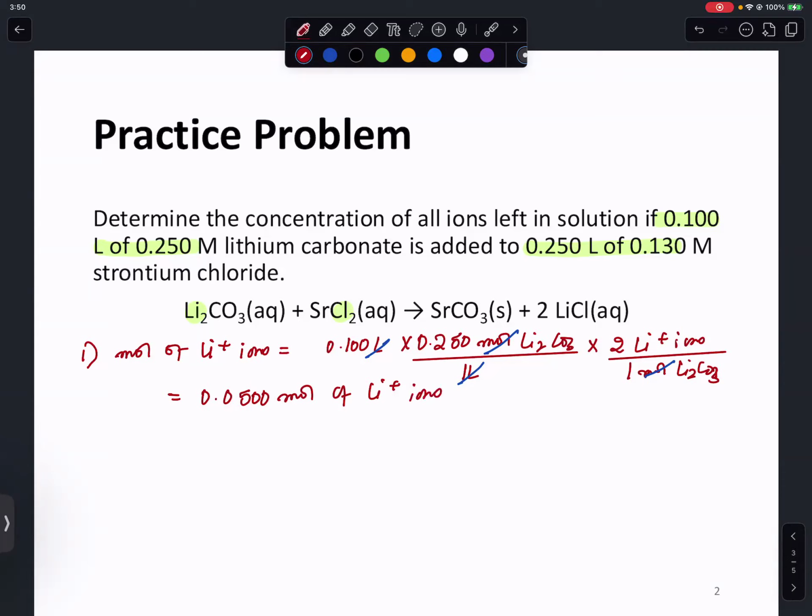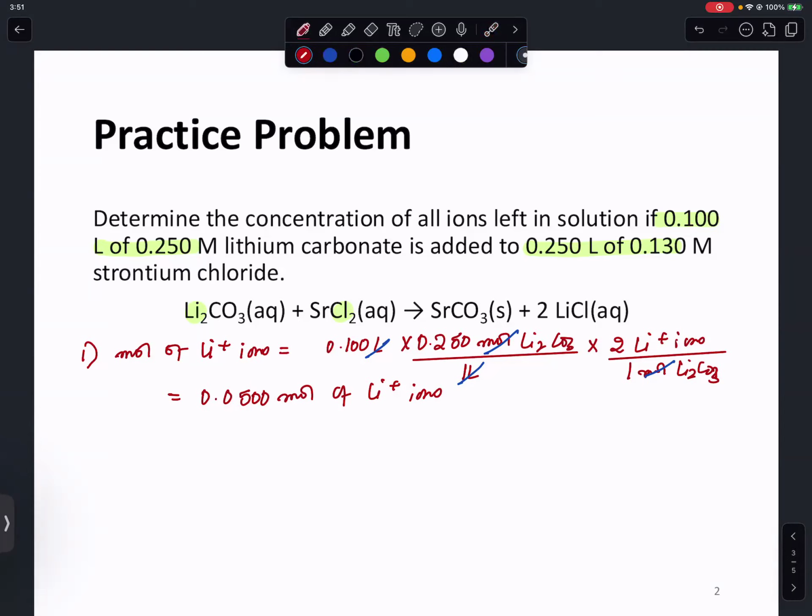Now note that we are mixing 2 solutions of 2 different volumes, so this becomes a dilution problem as well. In this case, we will have to recalculate the volume in order to get the correct molarity.